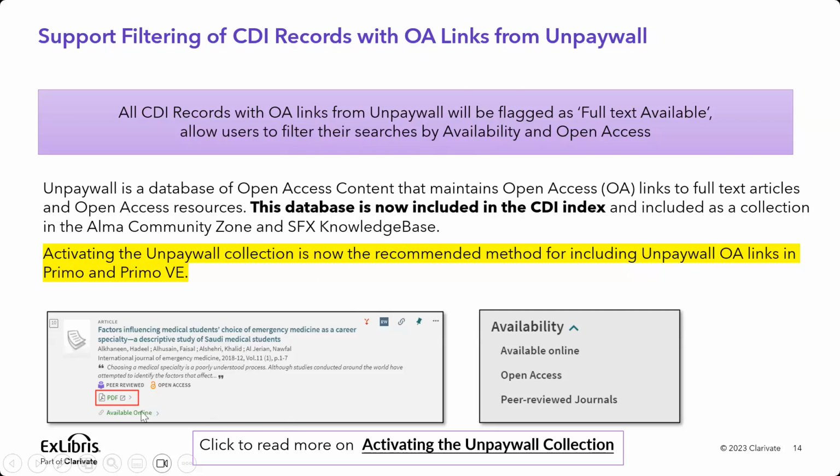of activating that, I put here an article of how to activate the Unpaywall collection, and also more information on all of the efforts that we are doing in the Unpaywall area.